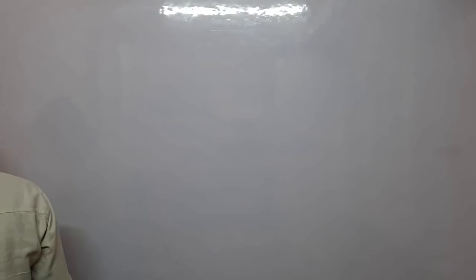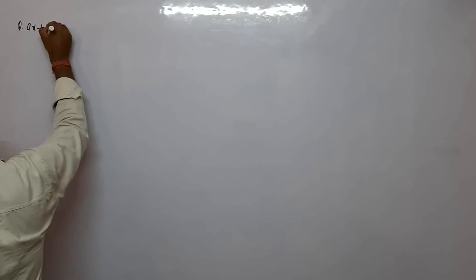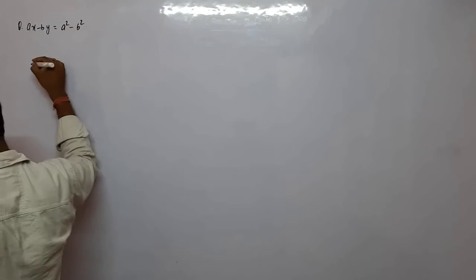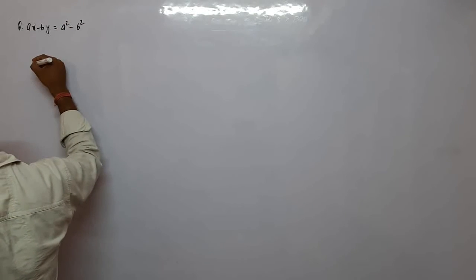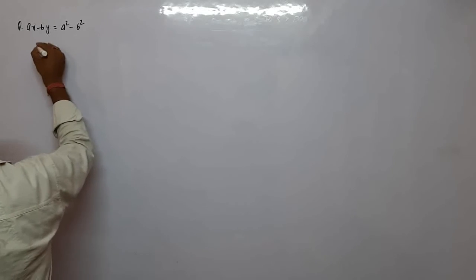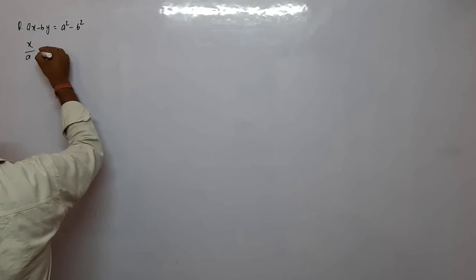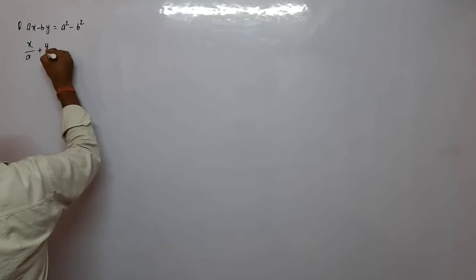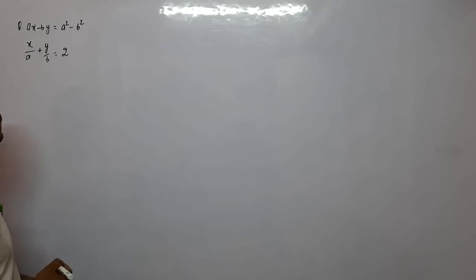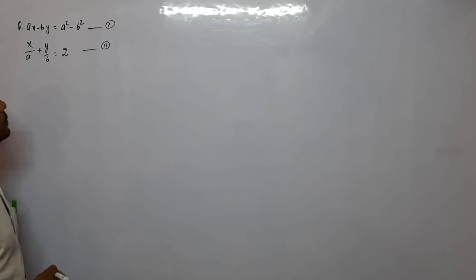The question is ax minus by equal to a square minus b square, and x by a plus y by b equal to 2. Let it be equation 1 and this one equation 2.